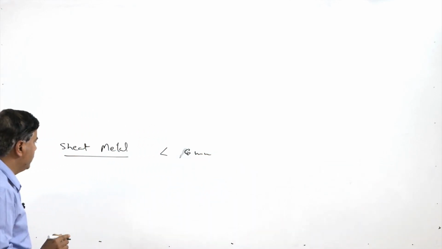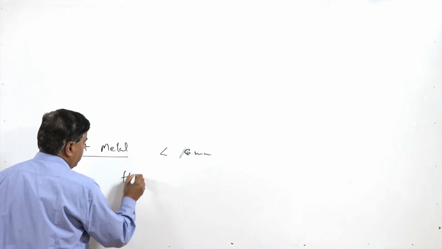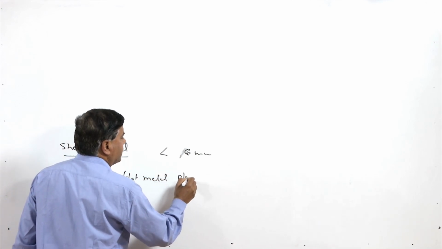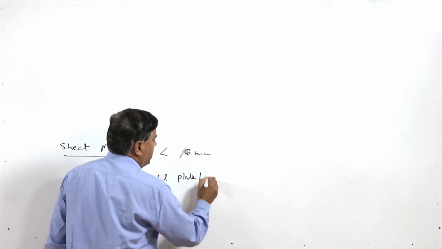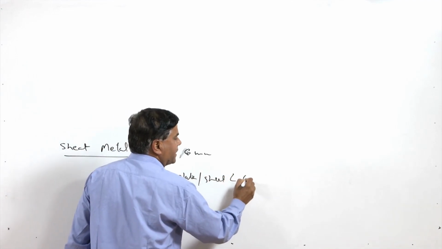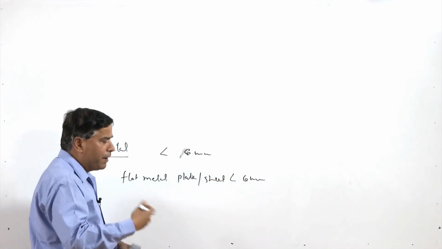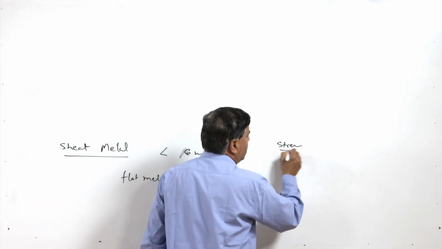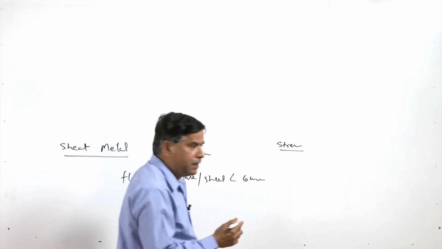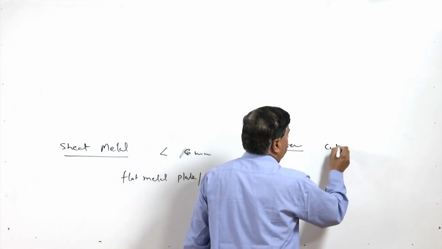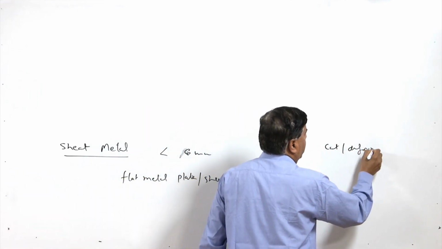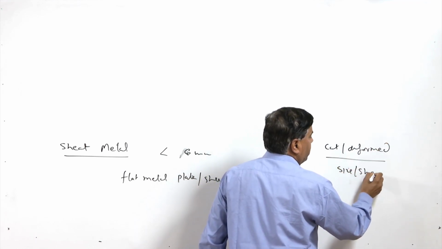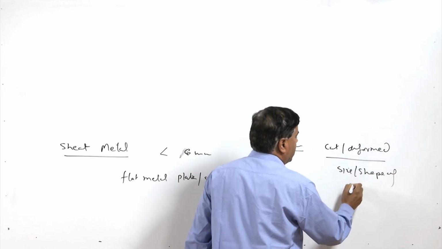So these flat metallic plates or sheets having thickness less than 6 mm are subjected to pressure to induce a variety of stresses, so that the metal can either be cut or deformed, so that the desired size and shape of the sheet metal can be achieved.